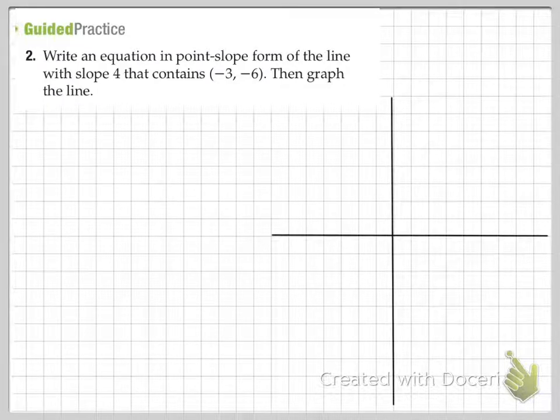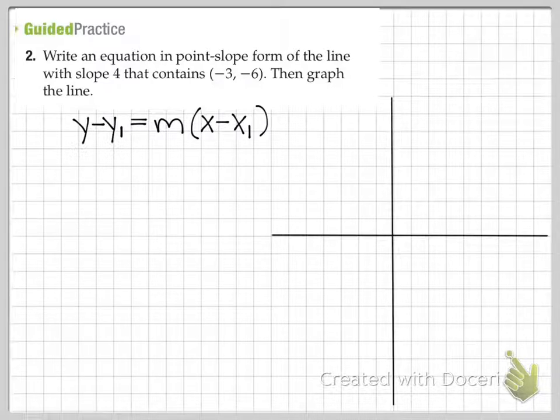Okay, so now let's look at this example. We want to write the equation in point slope form of the line with a slope of 4, and that contains the point -3, -6, and then graph it. So I'm going to recall point slope form is y minus y1 equals m times x minus x1.